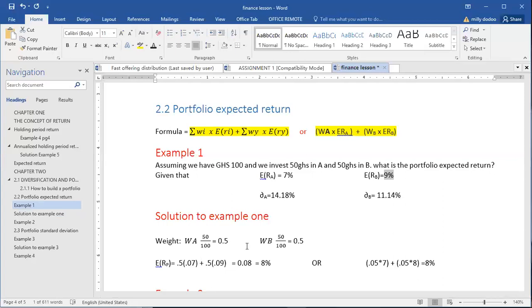So in a nutshell, you are going to get an answer that is higher than 7%, but lower than 9%. So if you solve this question and you get an answer like 6.8%, you already know that there is something wrong. If you solve this question and you get a portfolio expected return of 10%, you know at once that there is something wrong.